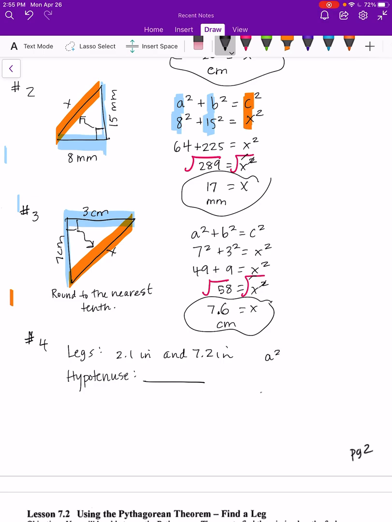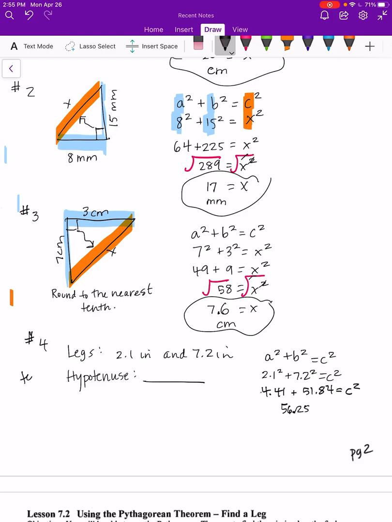You're going to do A squared plus B squared equals C squared. Plug in your legs, so 2.1 squared plus 7.2 squared equals C squared. 2.1 squared is 4.41. 7.2 squared is 51.84 equals C squared. And so then I add those together, 4.41 plus 51.84. And again, you can use your calculator for all of this, is 56.25.